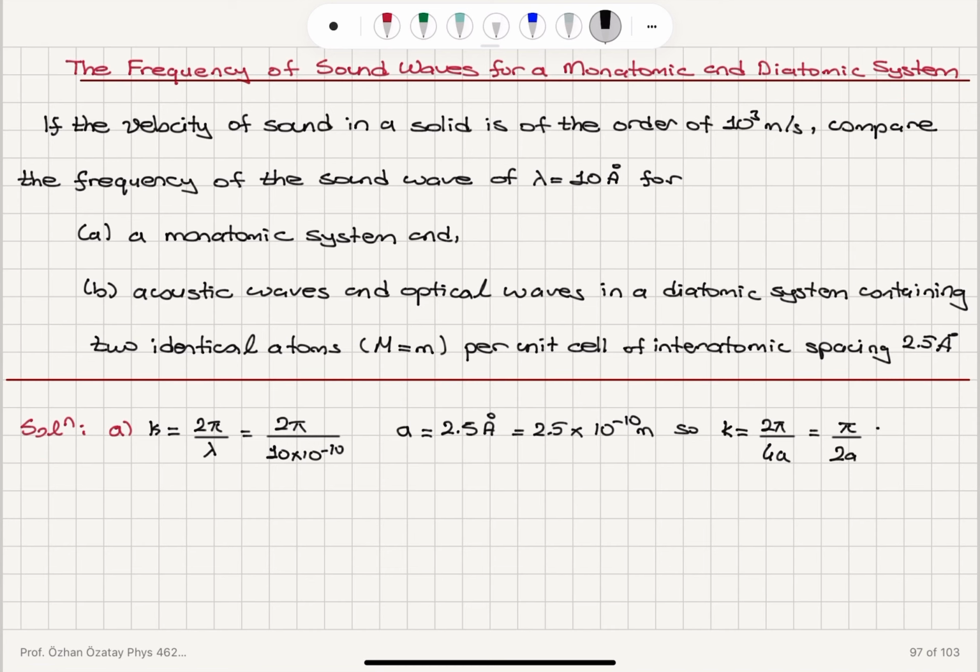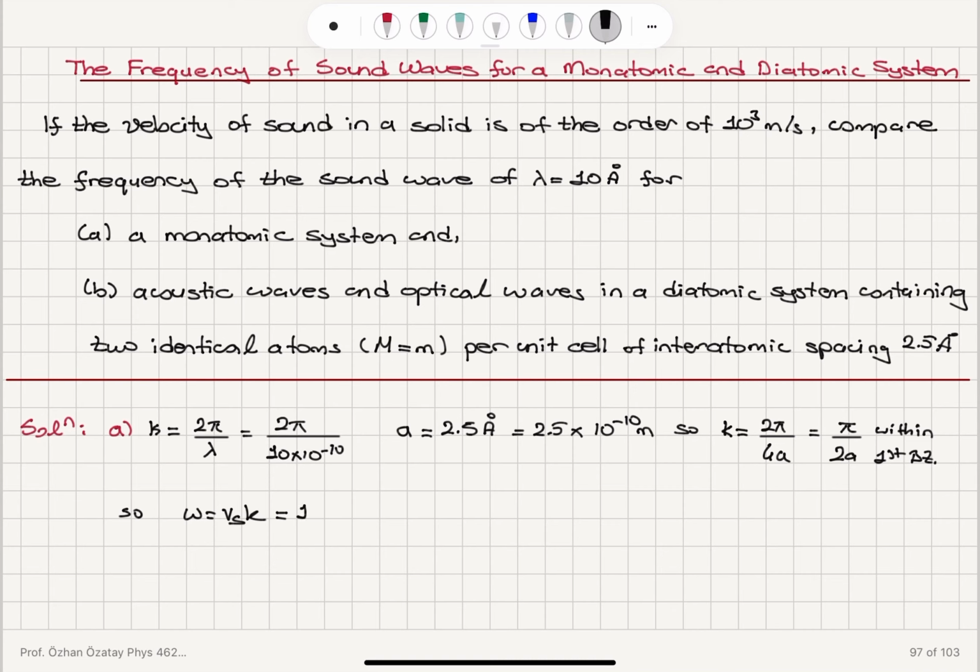And that's basically within the first Brillouin zone. Now the corresponding angular frequency omega is speed of sound times k. We have a linear relationship for the acoustical branch when k is far away from the first Brillouin zone boundary.